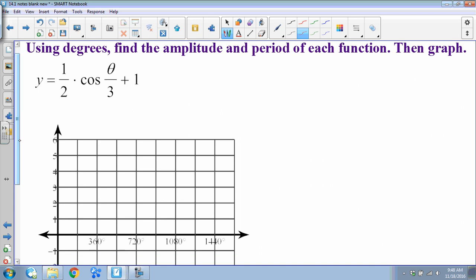Using degrees. Now we're using degrees. Find the amplitude and period and then graph. What's the first thing that jumps out at me? It got shifted vertically, right? So my midline isn't at 0 anymore. Now it's at 1.